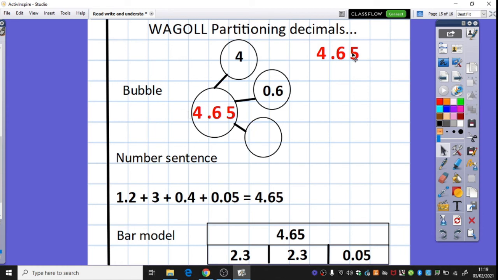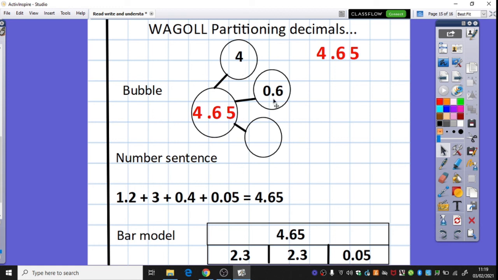So we've looked here at the number 4.65. And my first example, we've called it bubble partitioning, sometimes it's also known as a cherry model as well, is we have the number 4.65 and I've partitioned it, so I've broken it up into 4, into 0.6, which is 6/10, and I wonder how much is left for my final bubble.